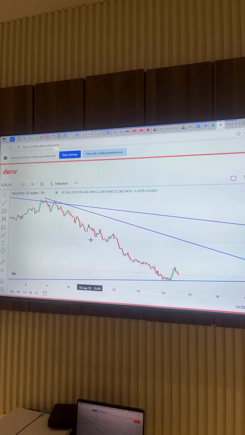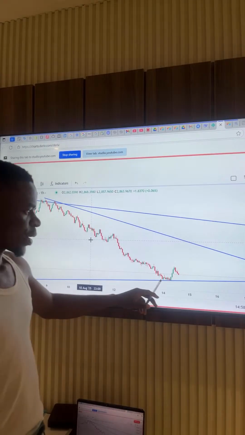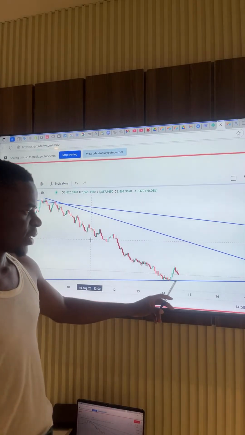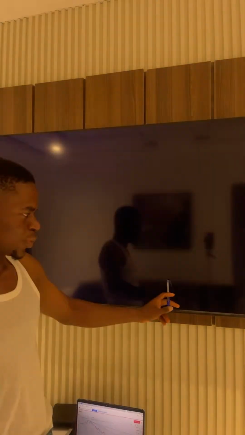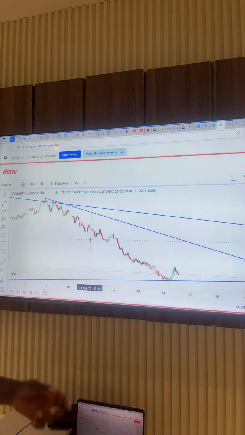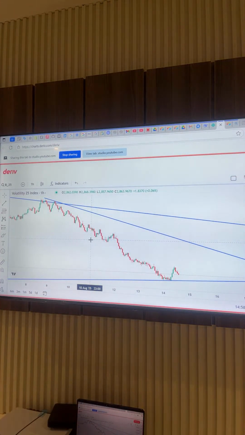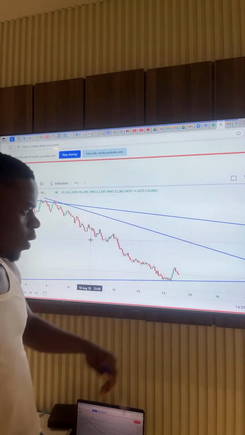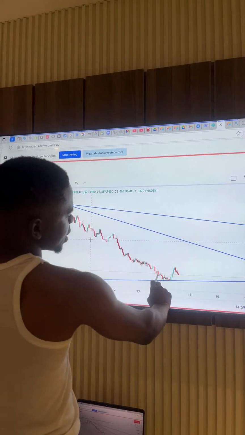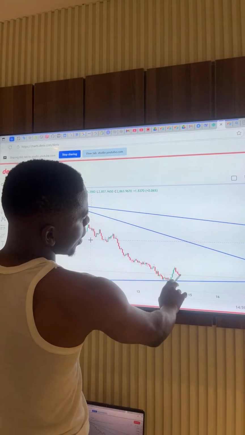this is giving us a little bit of assurance that even though markets might come down here and take liquidity, trying to take out those that entered from this point, or markets might come to this particular zone and bounce off.